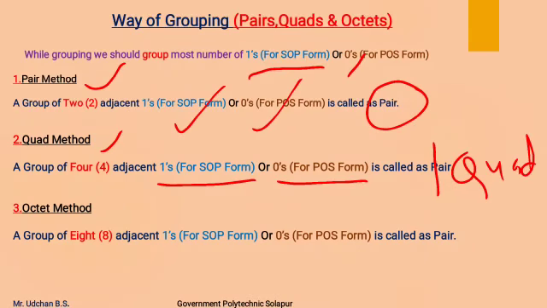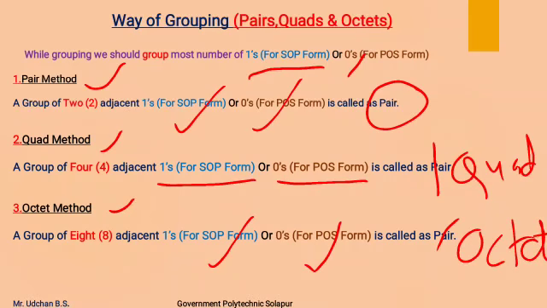So in the chord method we have to group four ones together which are adjacent with each other. In the octet method, a group of 8 adjacent ones for SOP expression, or a group of 8 adjacent zeros we have to form, which is nothing but called an octet.